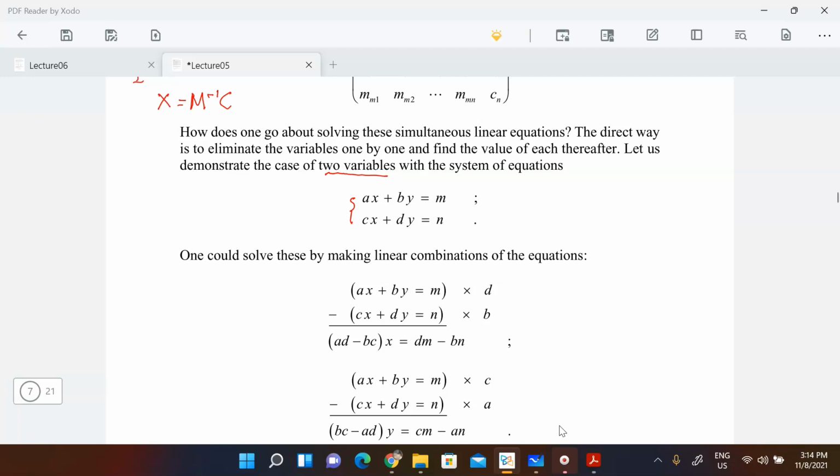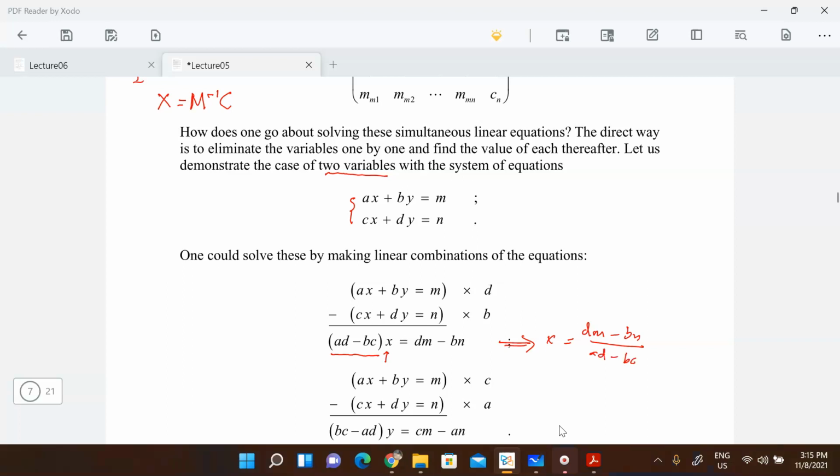So if I have that, then I can just subtract this equation by that equation. Then I'll be removing the dependence on Y. So I'll get an equation that involves only the variable X. And then essentially, once you do that, I'll get the solution for X: DM minus BN over AD minus BC.